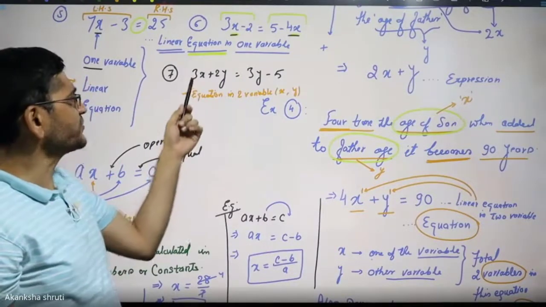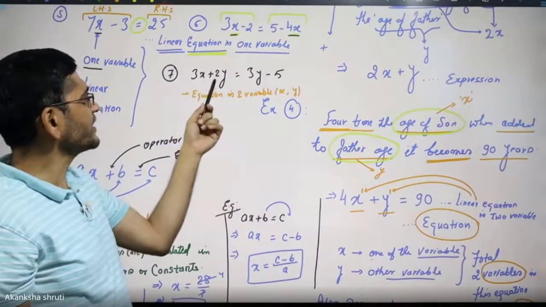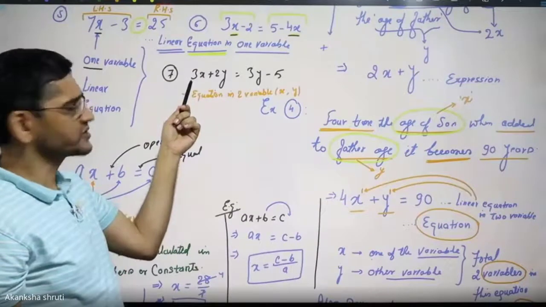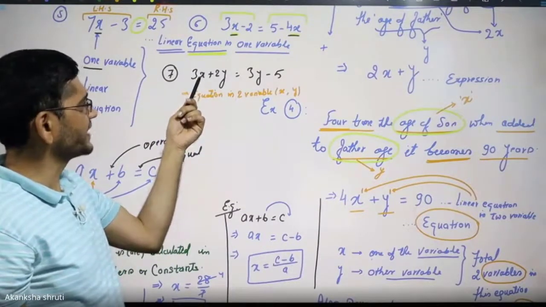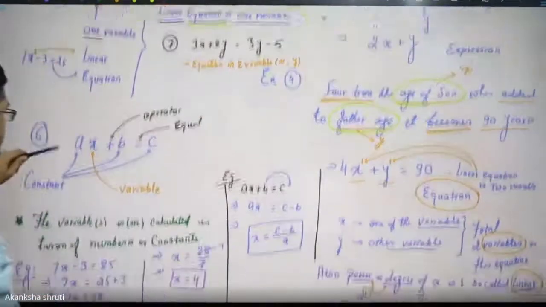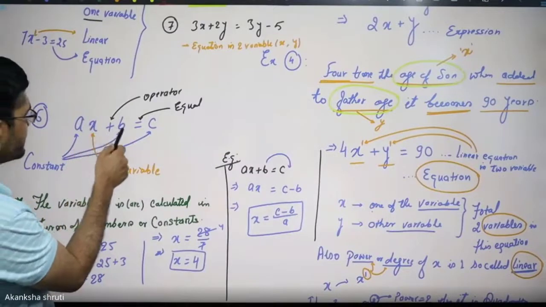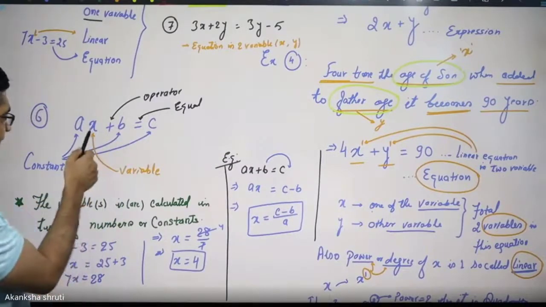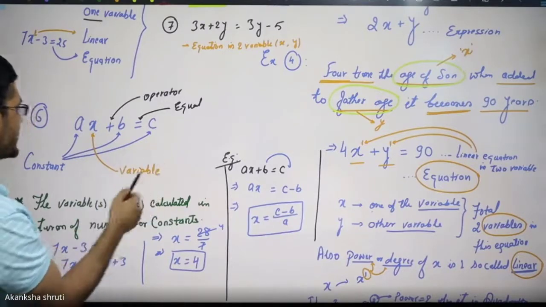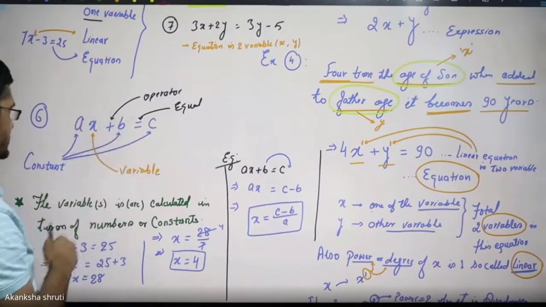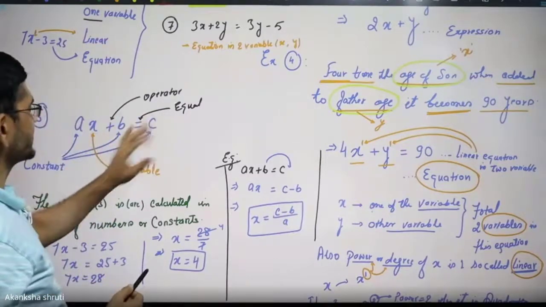In the general form of linear equations, we denote the constant by a and keep the variable as x itself. So an equation in linear form may be denoted like this: ax plus b equals c. In this case, x is treated as the variable which has to be calculated in terms of the constants, and a, b, c are the constants that we are taking.